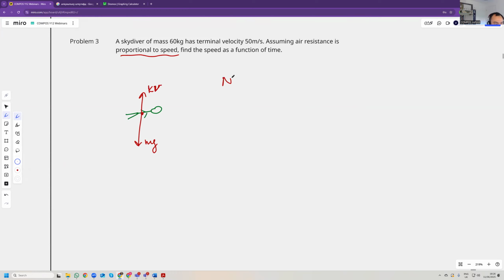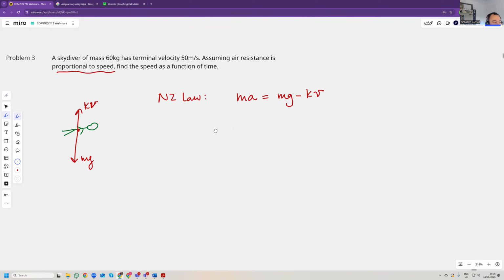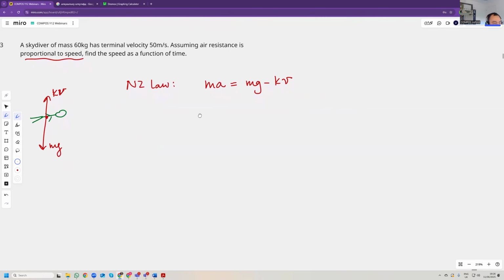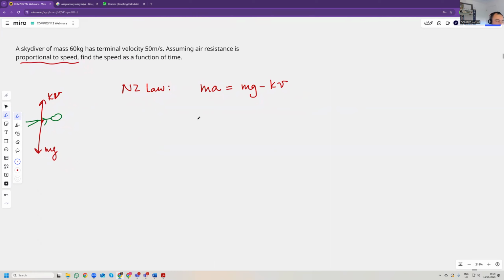Okay, and write Newton's second law: mass times acceleration is mg minus kv. Now, to find k: at terminal velocity, acceleration is 0, and that means mg must equal kv.